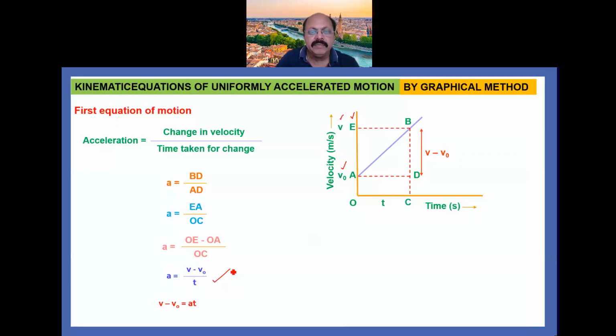After rearranging, we can write V equal to V naught plus AT, or we can write V equal to U plus AT. V naught is replaced by U. Generally we write initial velocity by the letter U. Similarly, we can find the second equation of motion.